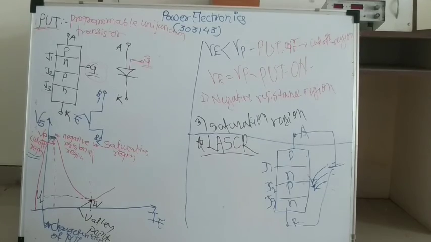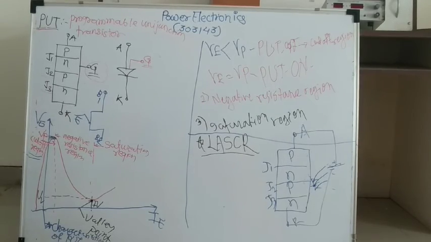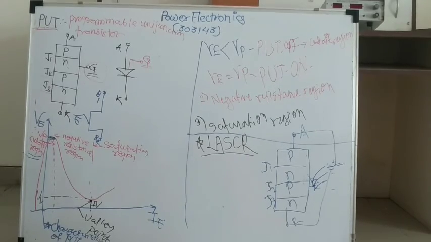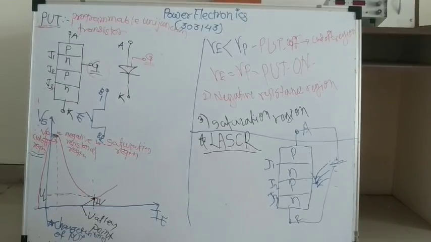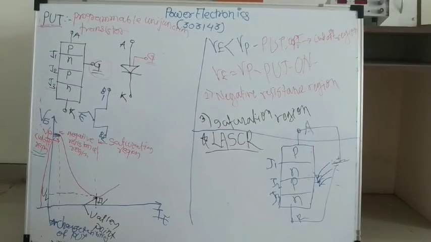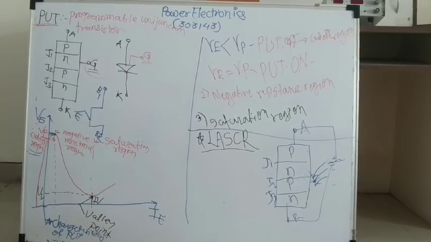Now the next comparison is between SCR and LASCR. SCR is nothing but silicon controlled rectifier and LASCR is nothing but light activated silicon controlled rectifier. The basic difference is the gate terminal; in LASCR there is no need of a gate terminal.